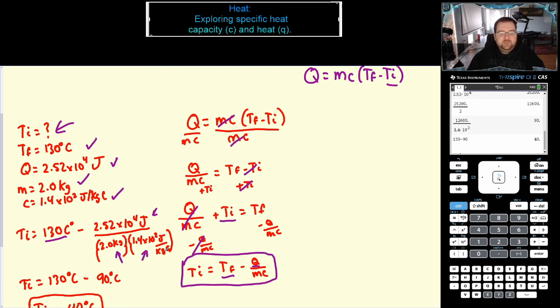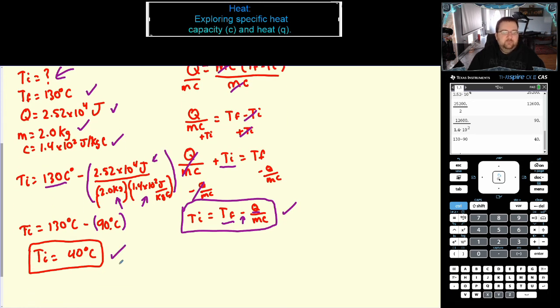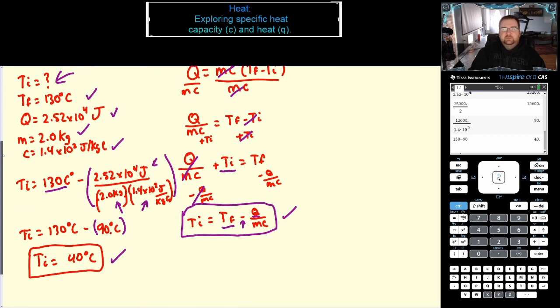So we plugged everything into our new formula, and then we put this into our calculator and found it to be equal to negative 90. Or just plain 90. The negative sign was there before, right? So 90. Now we have 130 minus 90, and that's 40. So our initial temperature in this problem was 40 degrees Celsius.